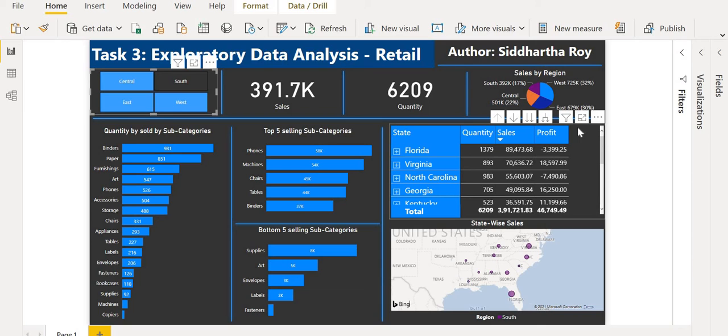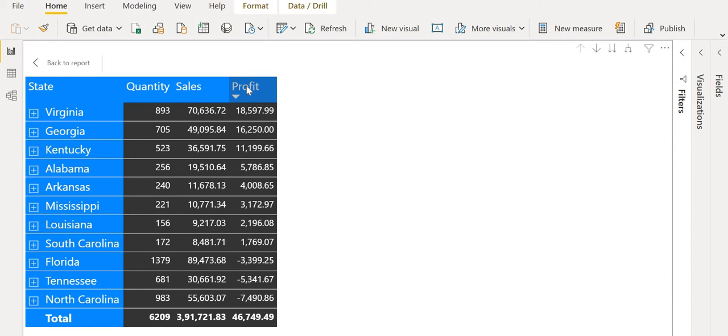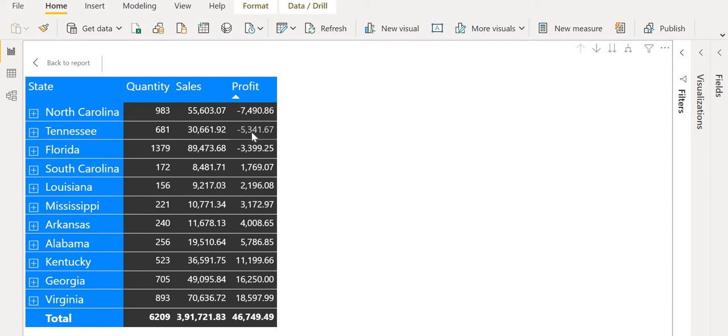In this matrix, if we make it focus view, we can check where the profit is relatively low. As I made it ascending order, we can see that the profit is relatively low in the states North Carolina, Tennessee, Florida. Let's expand it.